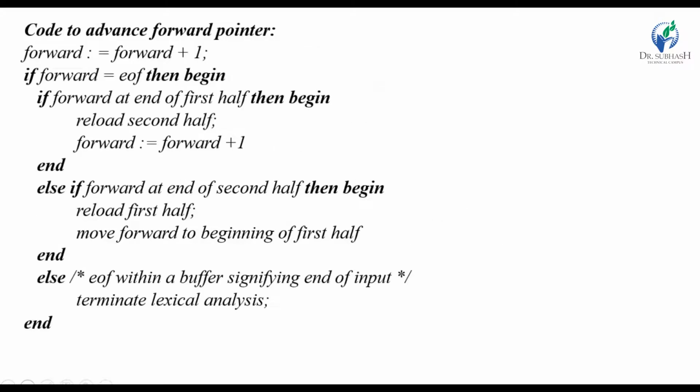So how does the sentinel work? First, forward equals forward plus 1, which increments the forward pointer. If the forward pointer is equal to end of file, then begin. If forward is at the end of the first half, then reload the second half.